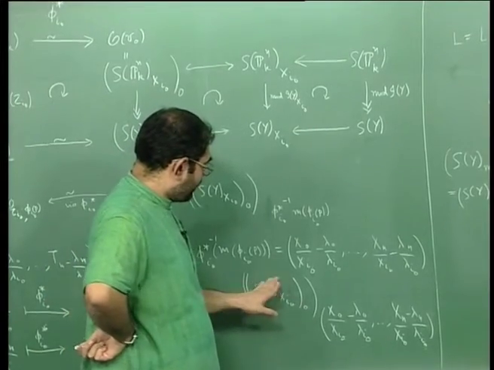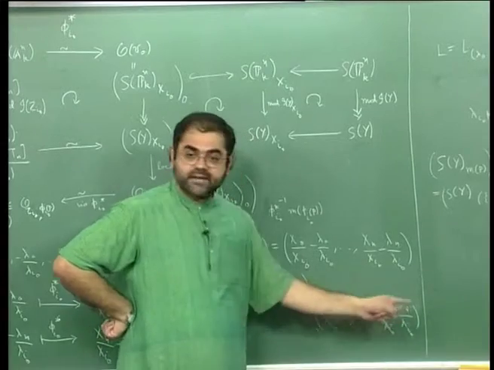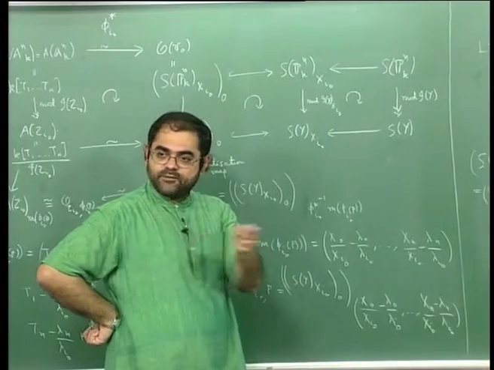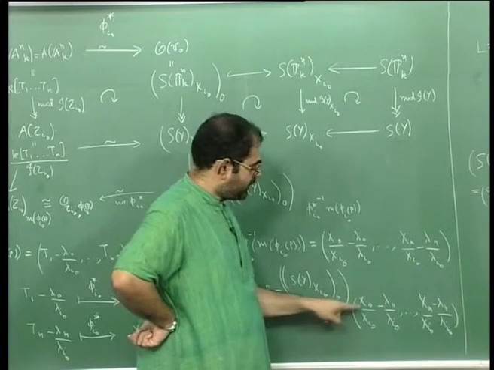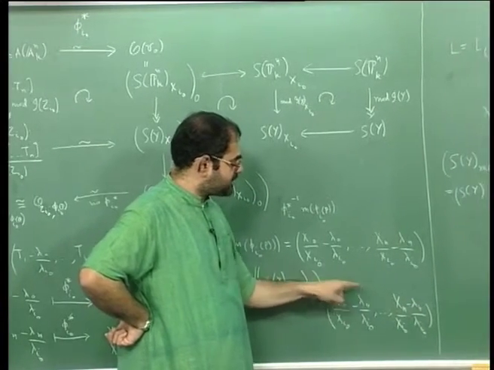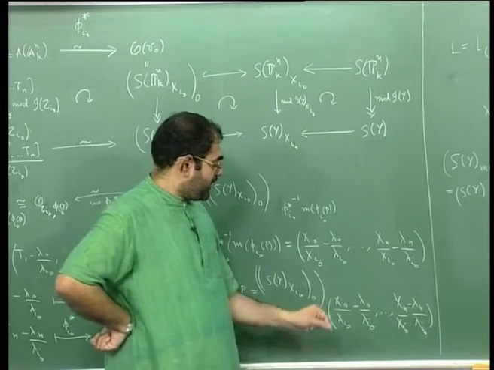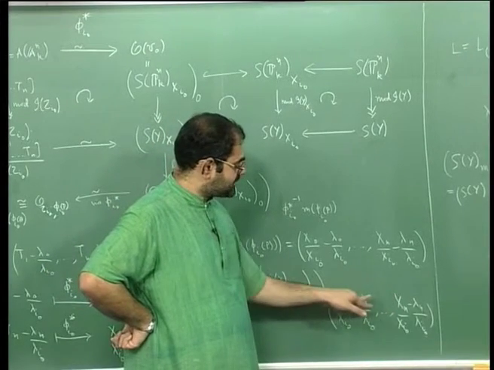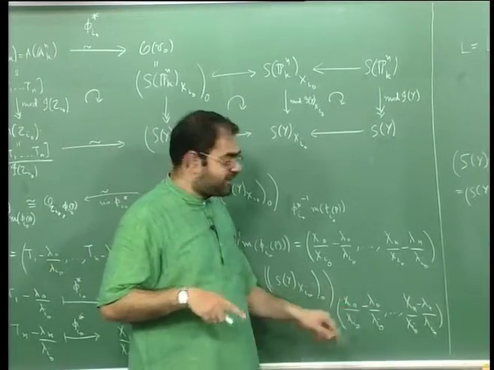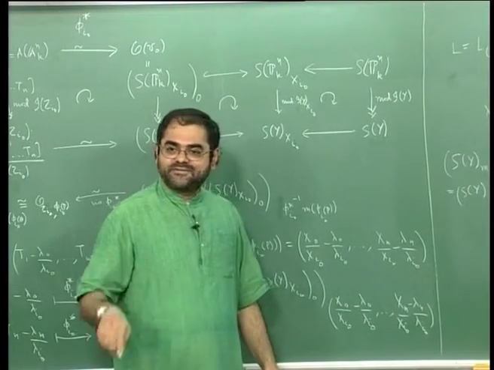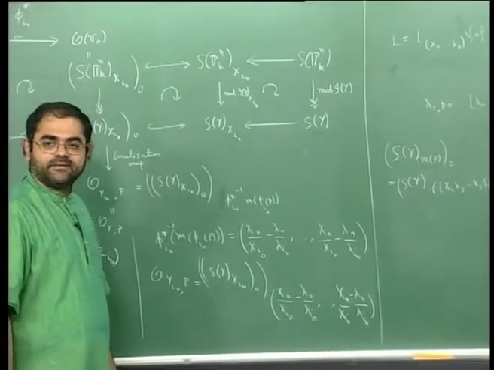Therefore, to localize here, it's enough to localize at x naught minus xi naught times lambda naught by lambda I naught, that is, you can multiply by xi naught throughout, okay, because xi naught is after all a unit. But x naught minus xi naught lambda naught by lambda I naught is the same, up to a multiple of lambda I naught, as x naught lambda I naught minus lambda naught x I naught, which is of this form. So these two are one and the same, okay.